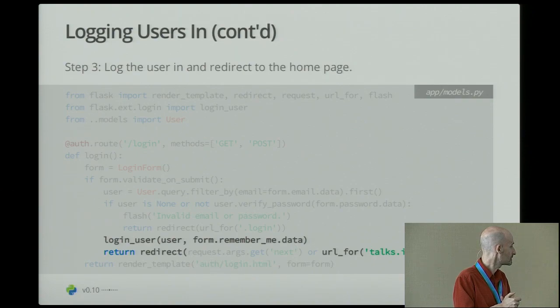And that will write the user session. We don't care what goes in the user session because we never need to look at that. Flask-Login looks at that. So that's all we need to do: we call login_user. Now the user's logged in, and all we need to do is redirect somewhere. In this case, I chose the home page: talks, the main blueprint, talks.index.